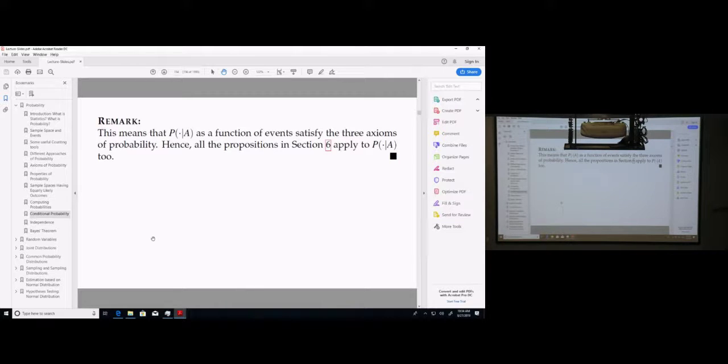That is why the earlier propositions have their generality, and also because of proposition 7.